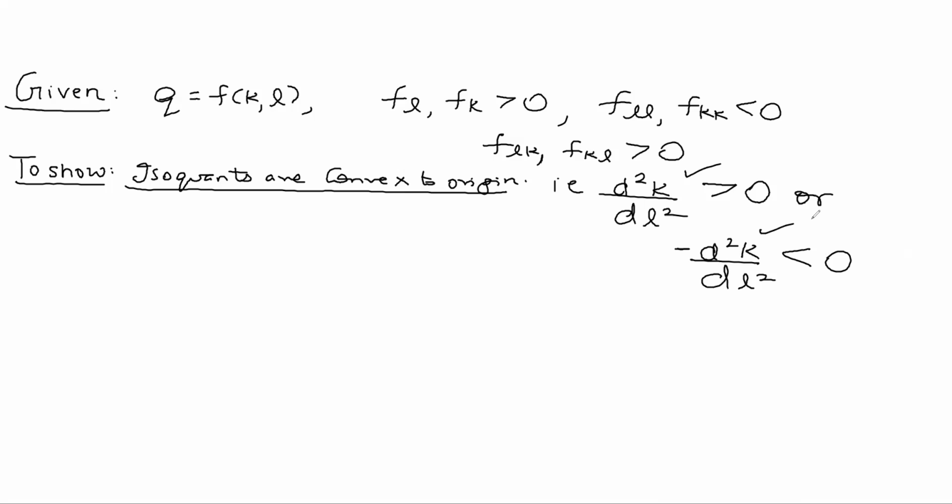If you show either, both will indicate that your isoquants are convex to the origin. Now, what is our dK by dL? Our dK by dL is nothing but minus FL by FK.